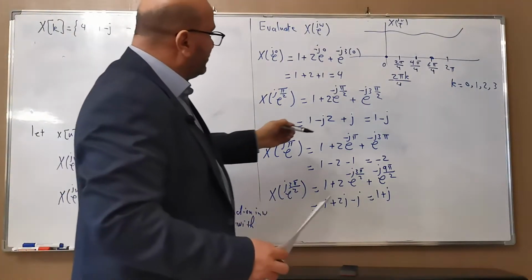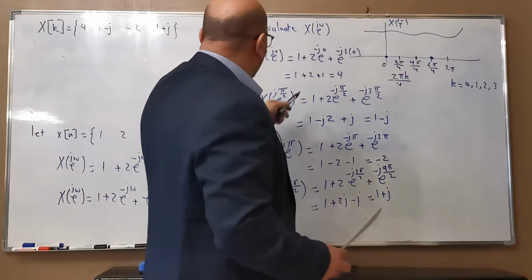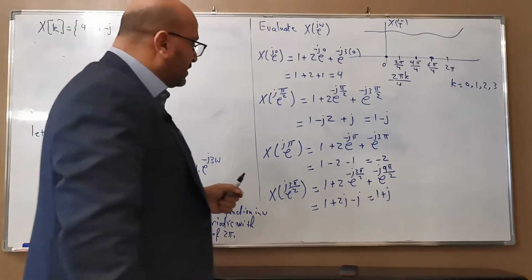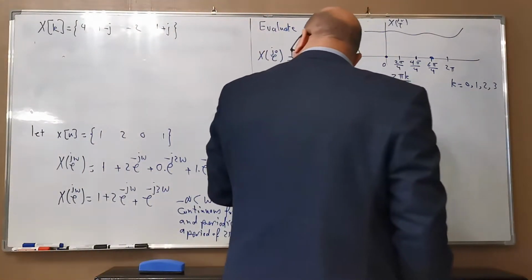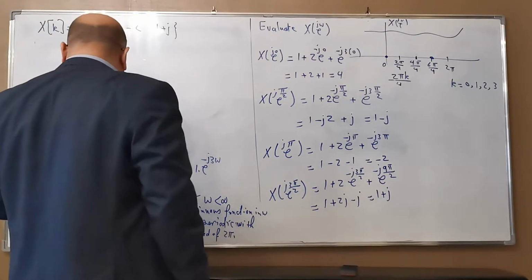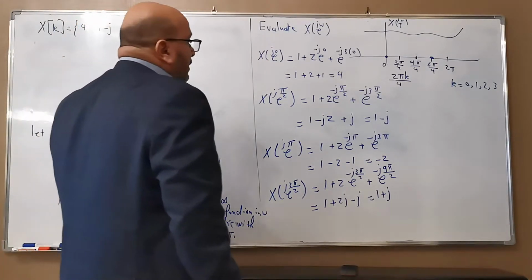It's the same values that we got for the sampled version of X(e^{jω}). So basically, X[k] is a sampled version of X(e^{jω}).